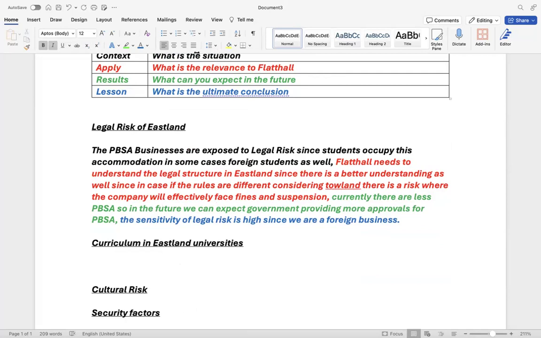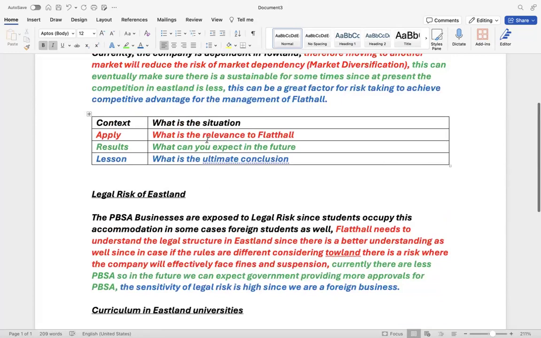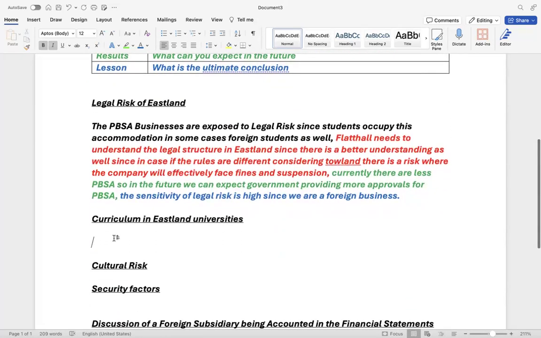Now, students, you would have understood when you're following this framework, the quality of your answers go towards the future. Now, the next one is the curriculum in Eastland universities, because that is very, very important. So I'll write down here the PBSA model.